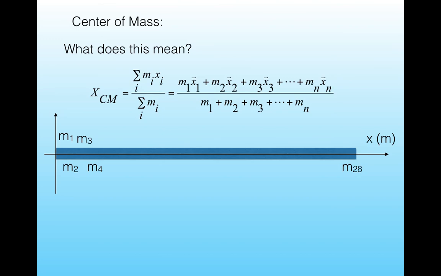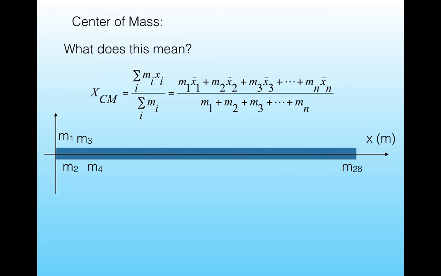So the first thing you have to do is put whatever it is on some kind of coordinate axis. In this case, this is going to be a 28 centimeter ruler. I don't know why I have a 28 centimeter ruler, but that doesn't matter. And we're going to put it on the coordinate axis so that one end of the ruler is at the origin. And we're going to just think about the x component.